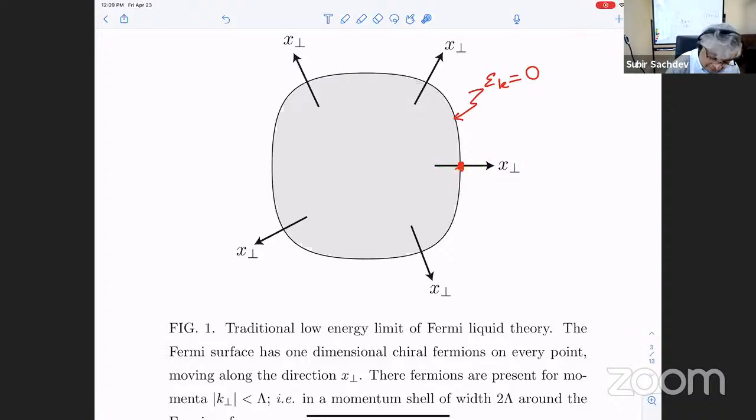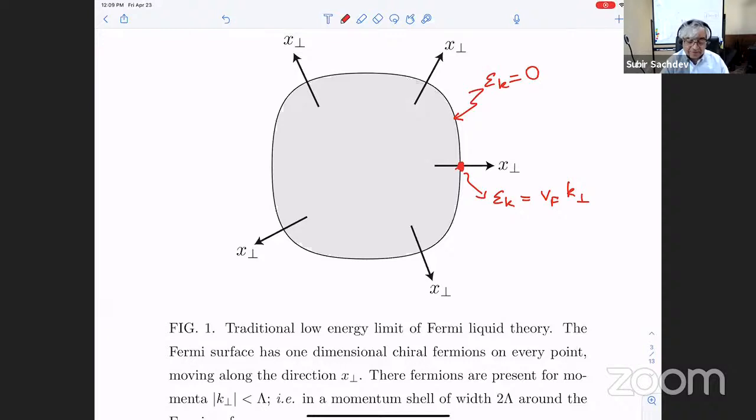Okay, so my Ek at this point, if I start at this point, I can write as Vf times K perp. K perp is the momentum in the perp direction. Okay, and I have either sign, it can be negative or positive, and it goes to zero right at this point.